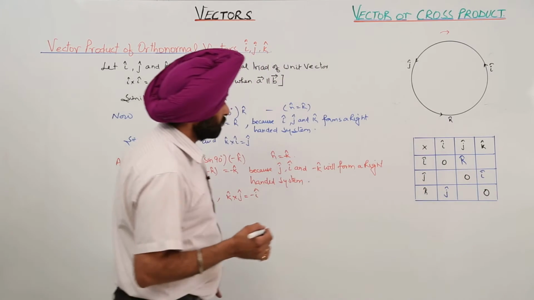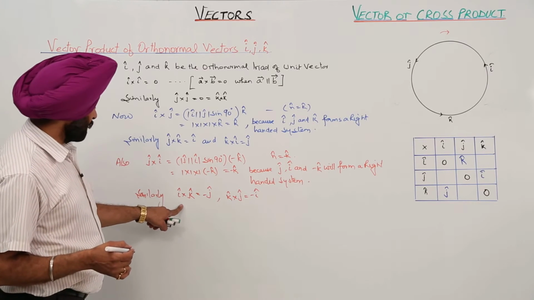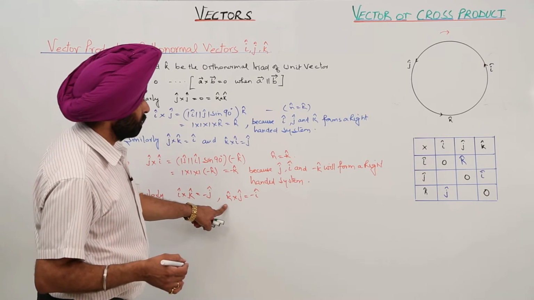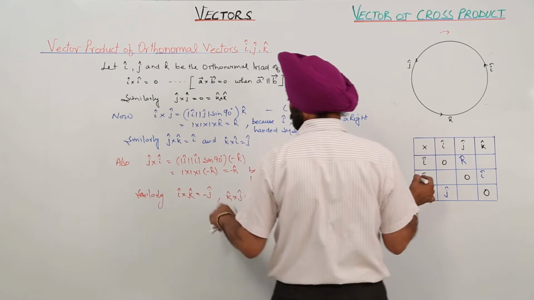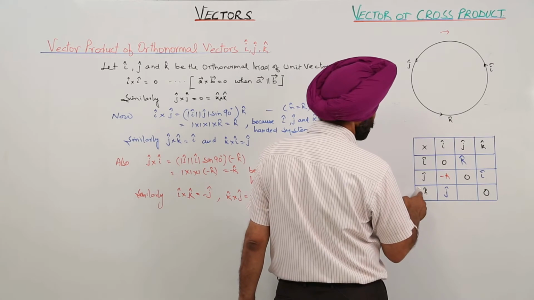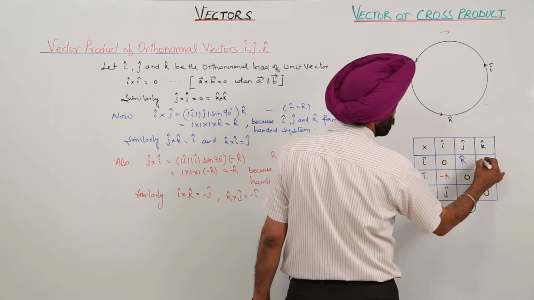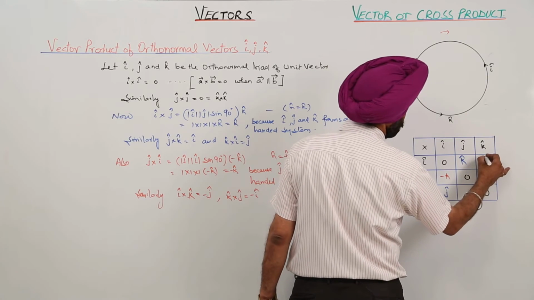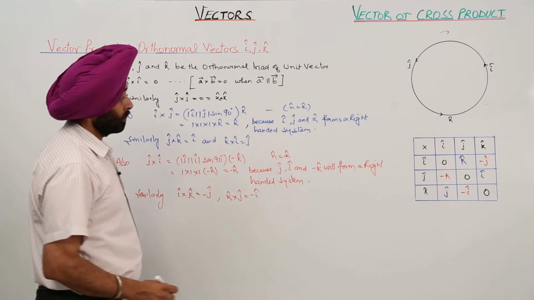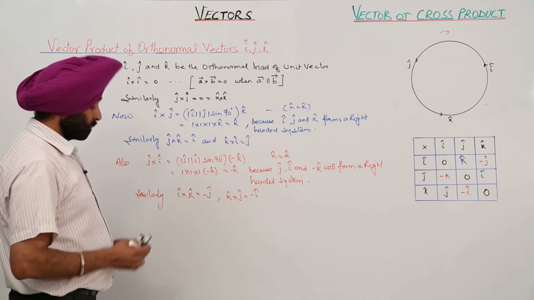So this becomes negative of j cap, and this becomes negative of i cap. Now it is perfectly alright.